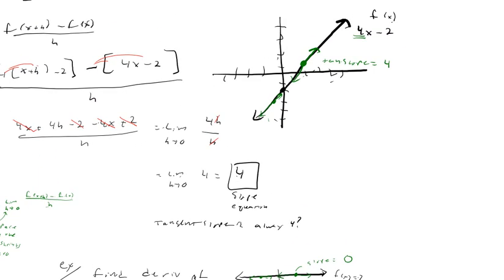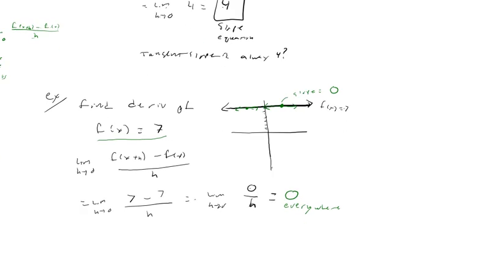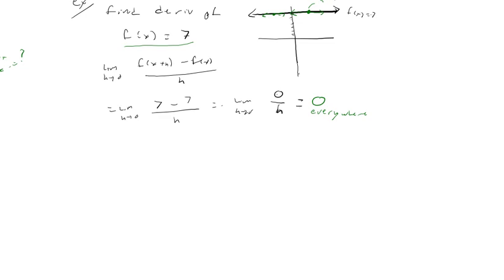Okay, so let me show you a little bit more complicated one now. Let's do one that's a little bit harder. Those were easy. Let's try this one. Find the slope equation. Again, slope equation. I should really call this the derivative.